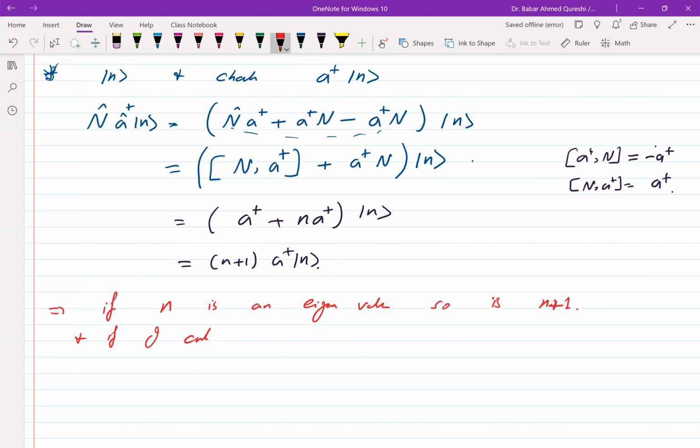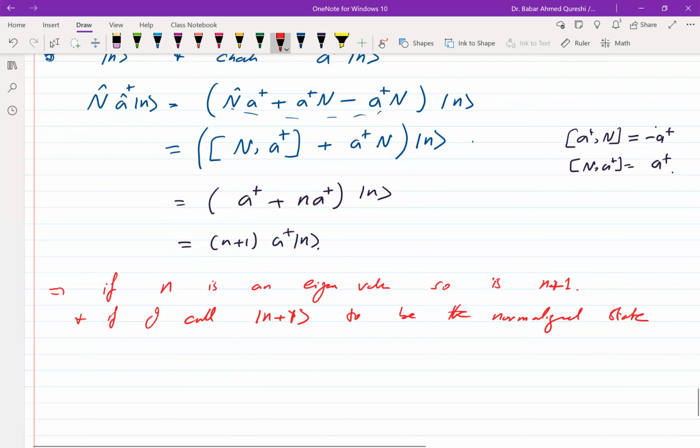If I call n plus 1 the normalized state, I still have the freedom of phase, but I'm just absorbing it, choosing some phase, let's say one.